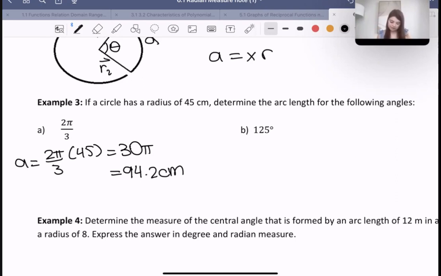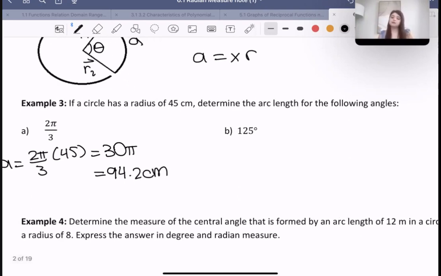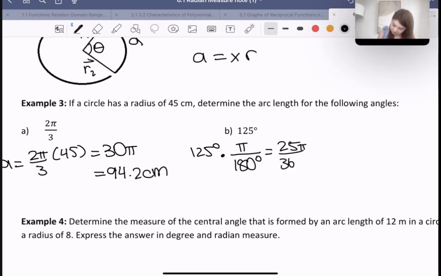Let's try B. So for B, first we need to convert this to radians. So 125 degrees times pi over 180 degrees is going to give us 25 pi over 36.